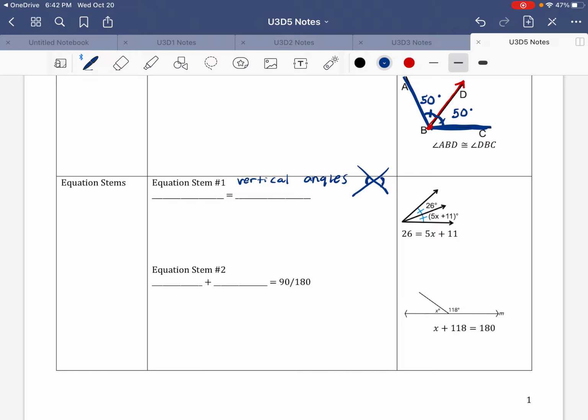This equation stem is also really helpful for when we have bisectors, because we talk about angles that are congruent. We know that those angles are going to be the same. Equation 2 is really useful for when we have complementary, which is 90 degrees, and supplementary angles. And supplementary is when we have angles that add up to 180 degrees.